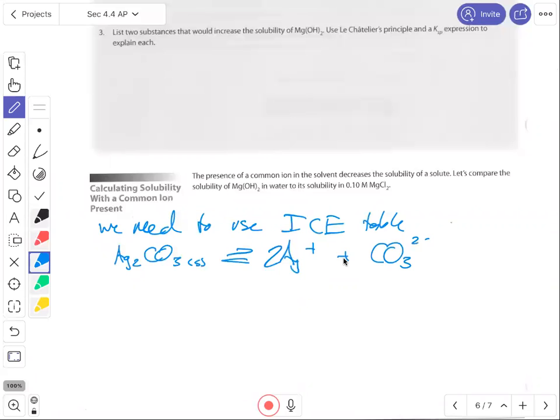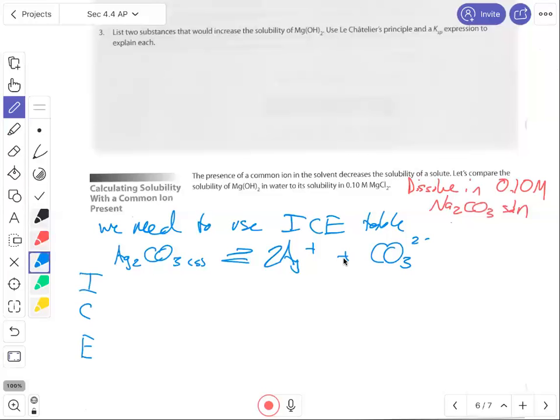So for instance, if we assume that we were doing this trying to dissolve in a, say, 0.10 molar sodium carbonate solution, right? So what would that look like? Well, what it would look like is, since this is a solid, right? My ice table looks like this.